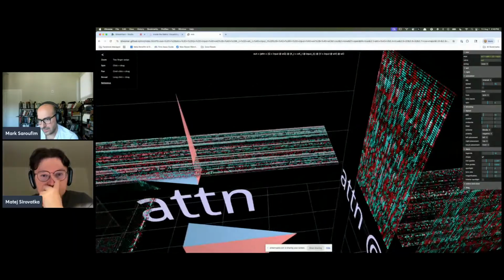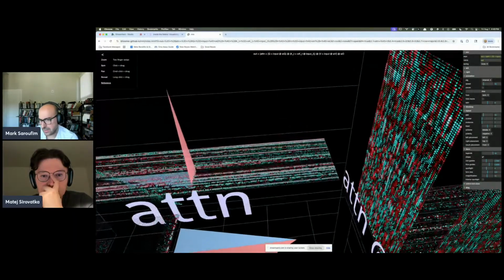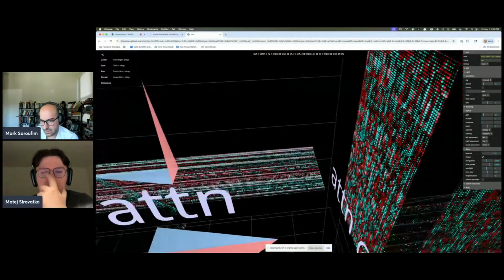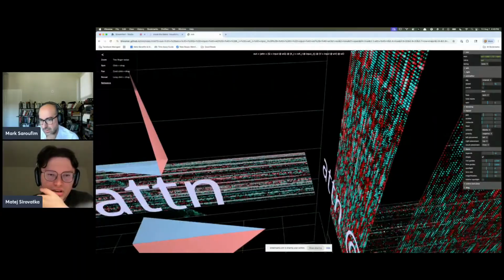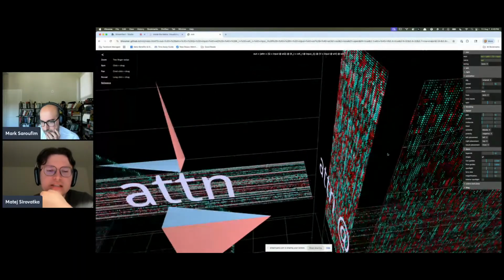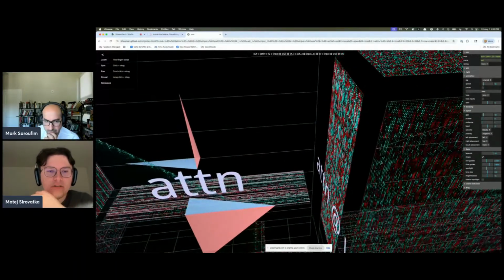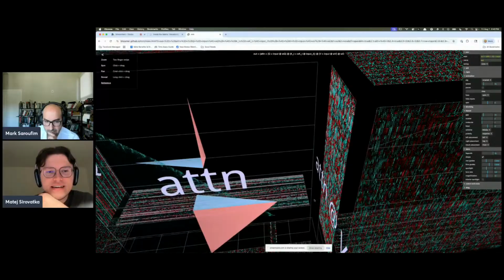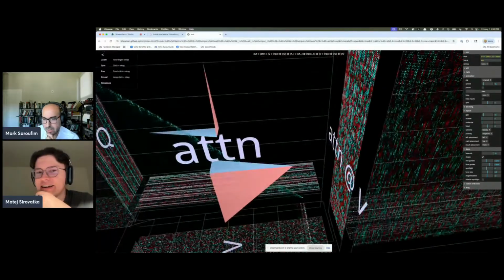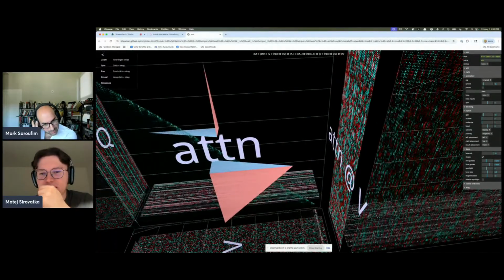There's a lot of red here though, there's dark red. No, but look at the output of the attention, the attention matrix. So you can see that this is very spiky. Are we talking about attention times V?